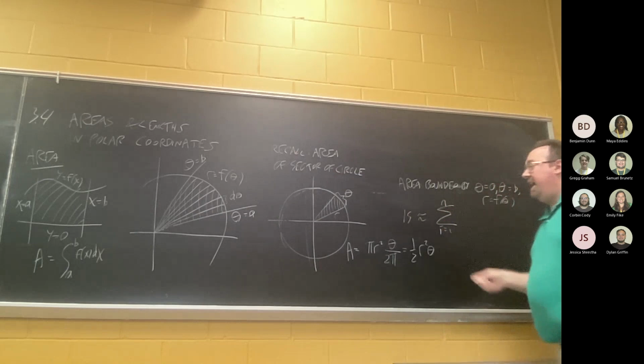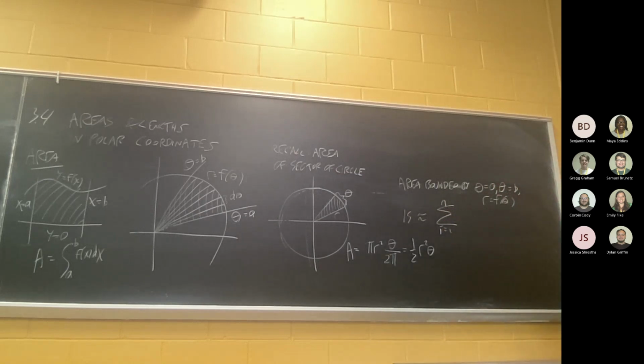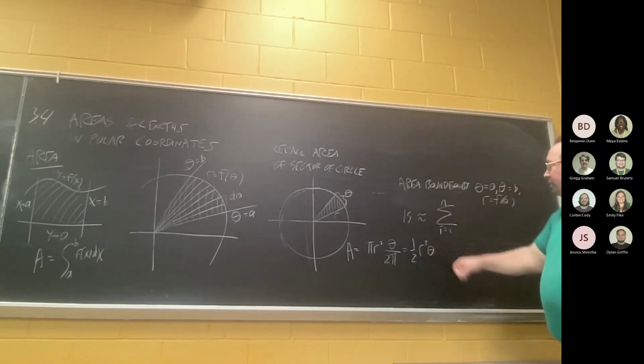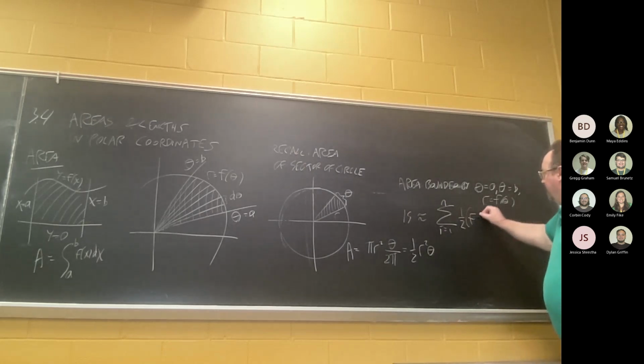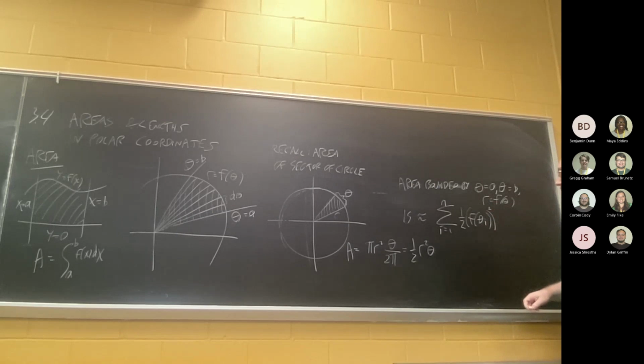If I break it down into n sectors, I could use this formula for each one. So 1/2 f evaluated at some angle theta i, the whole thing squared, times delta theta, a uniform delta theta thickness for each sector.